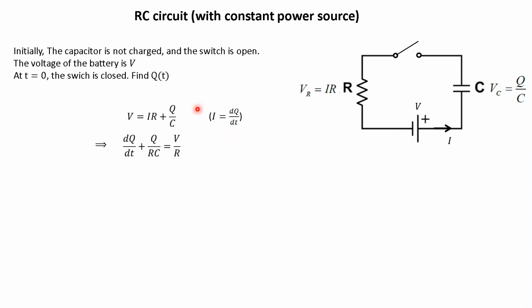With that, I can replace this I by dQ/dt. Then this is my ODE for Q. My purpose is to find Q as a function of time. This is a linear ODE, so you can solve it using an integrating factor.